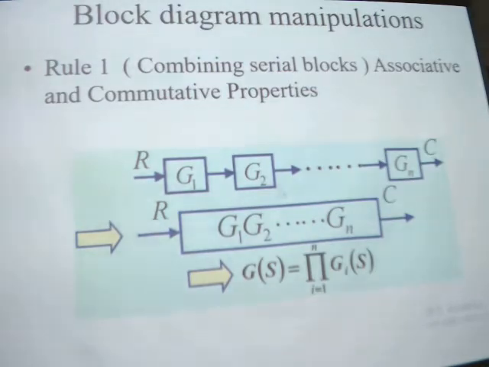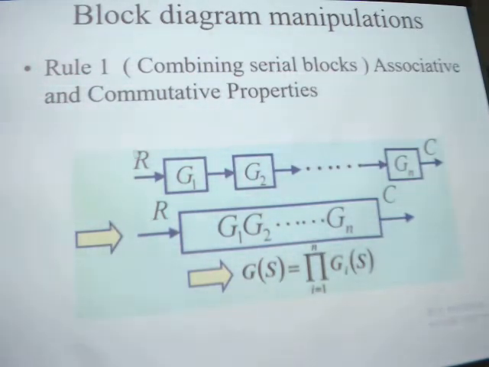So the transfer function of the composite system is equal to the product of the transfer function of every block. So G(s) equals the product of Gi(s), where i goes from 1 to n.